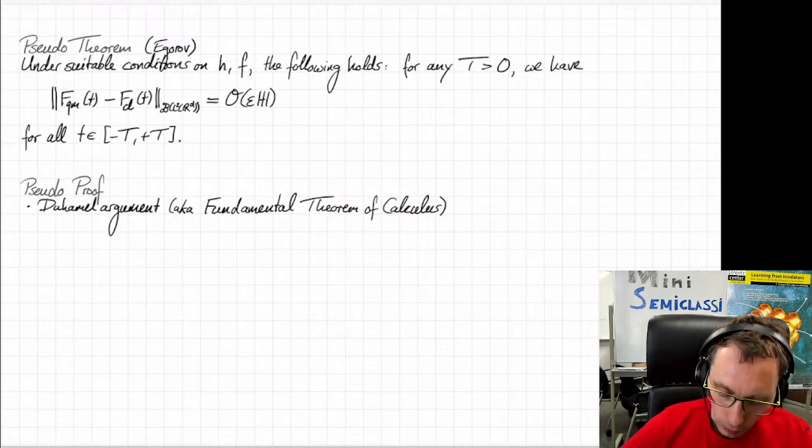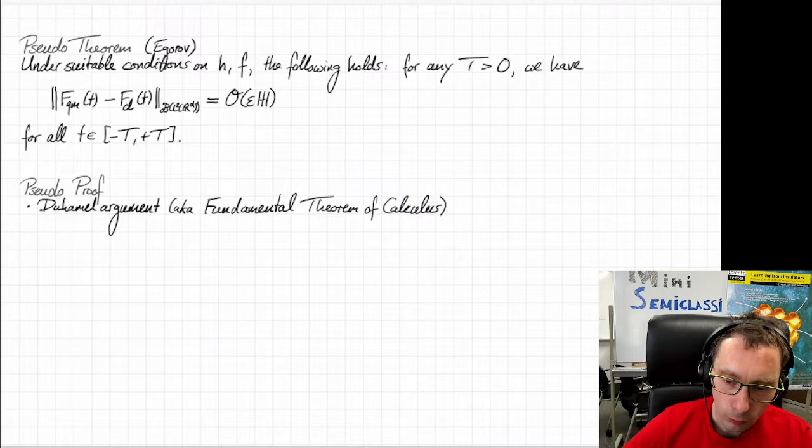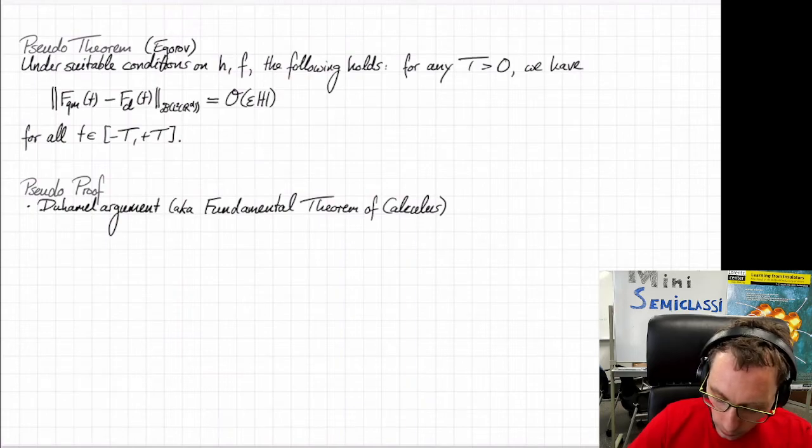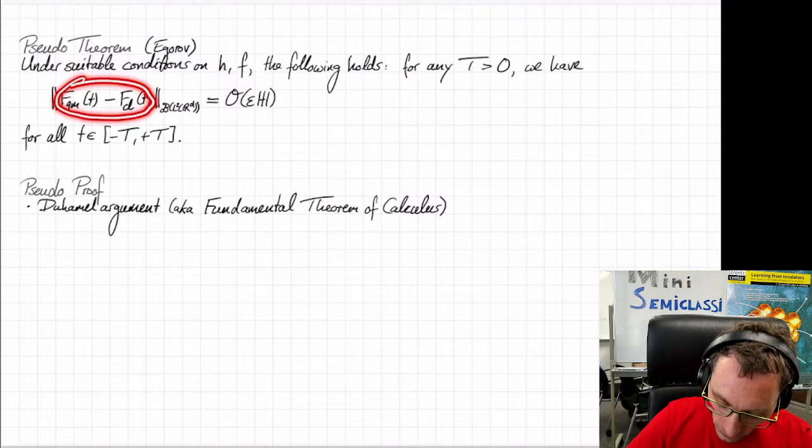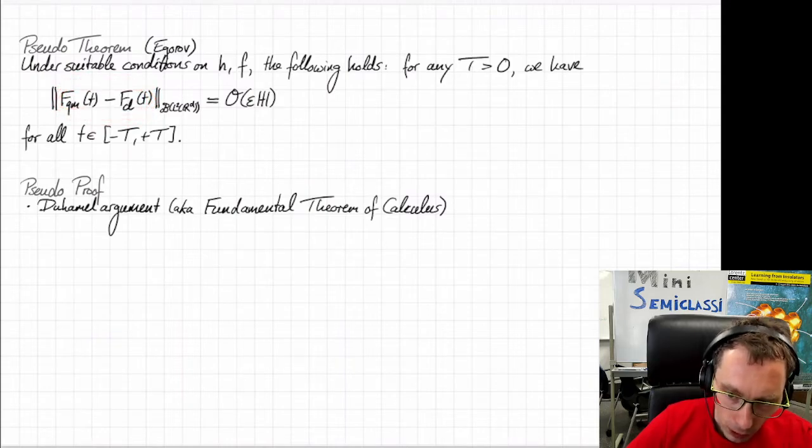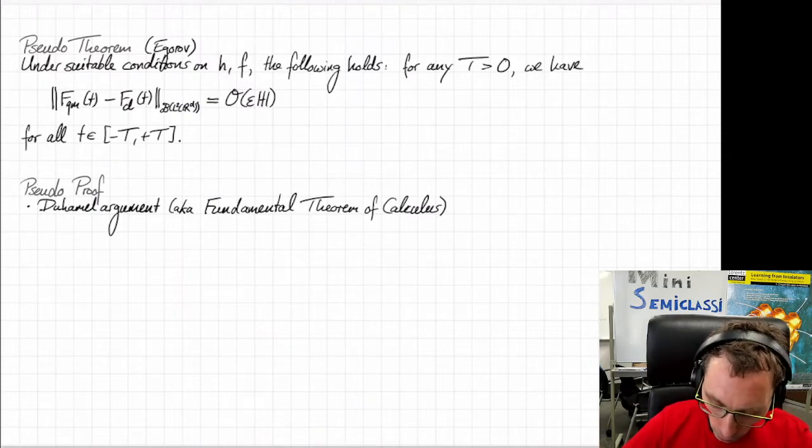What does that mean? Well, we will write a function as the integral of its derivative. So the function that we're concerned with is this here. And what I would like is a function whose integral of the derivative is equal to f_qm minus f_cl.